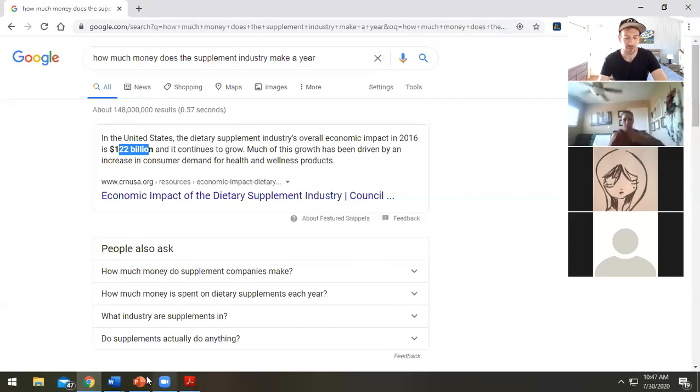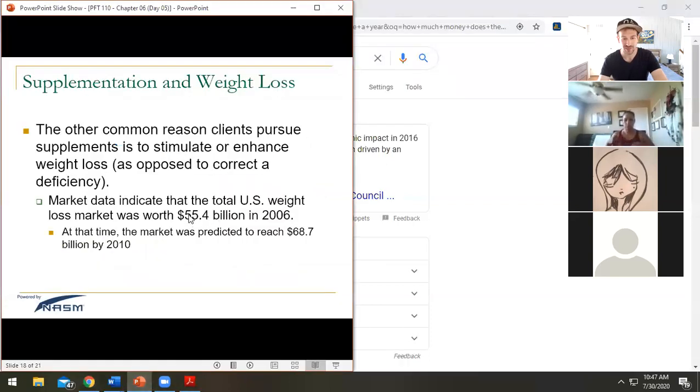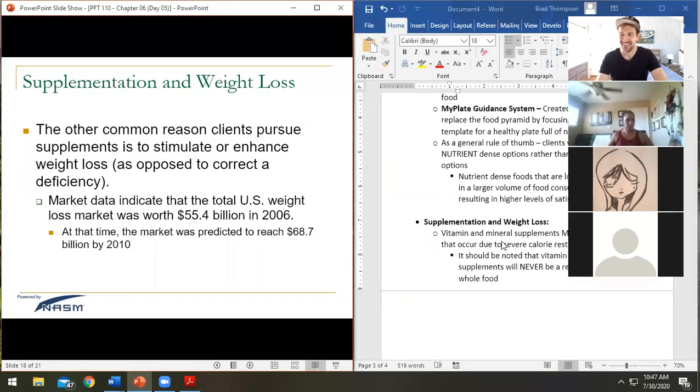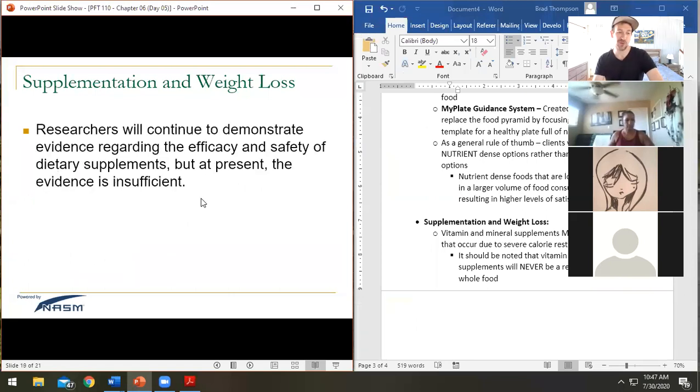So that is double the amount of money in just 10 years. More people are seeking weight loss, because we are getting unhealthier as time goes on. But rather than doing it through healthy options like juices or whole foods or exercise, we're seeking out the magic bullet, the silver bullet, right?